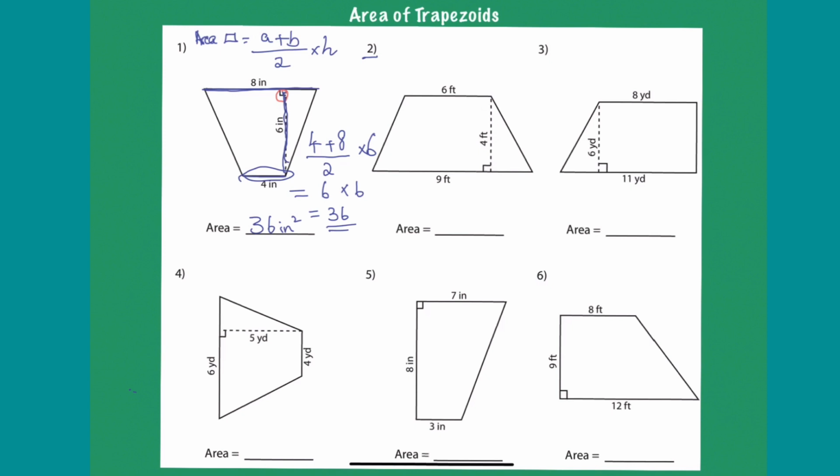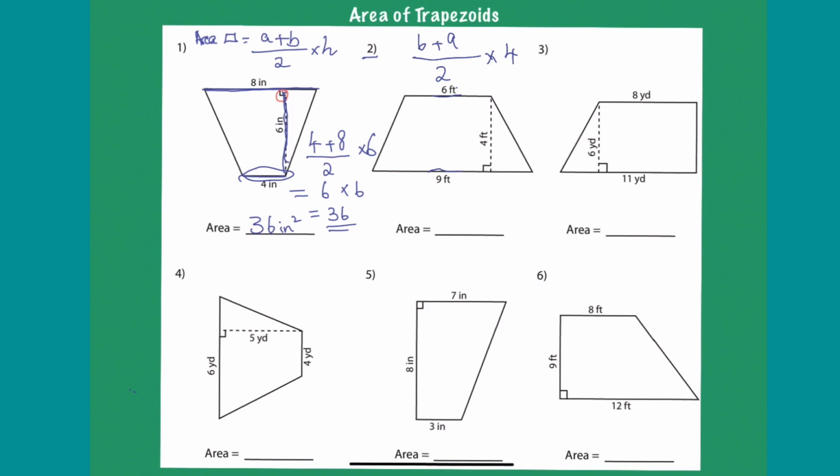So in this case, 6 plus 9, divide that by 2 and times it by the height, which is over here 4. All right? So that's very, very easy.